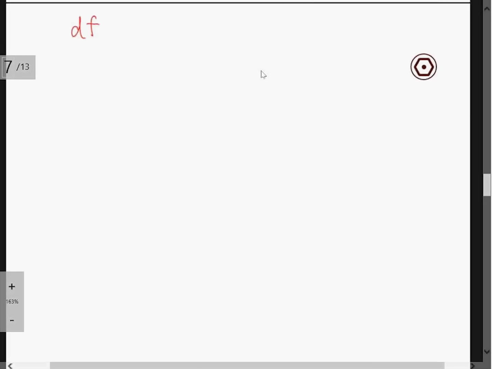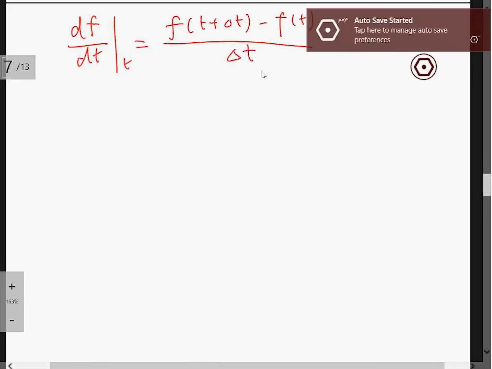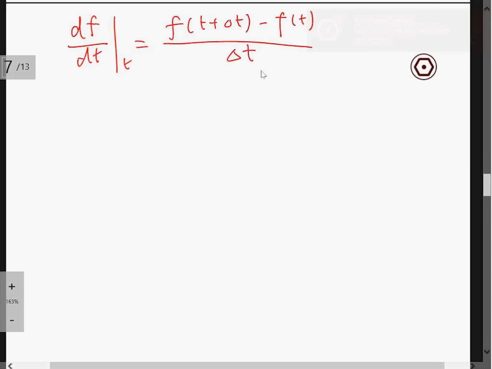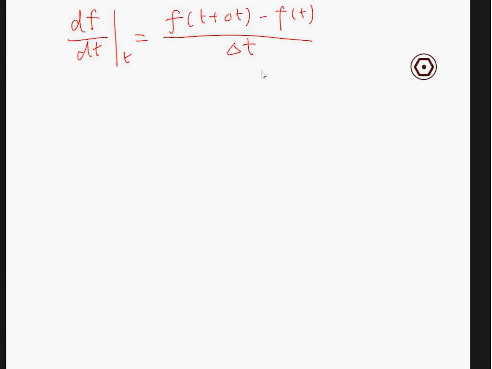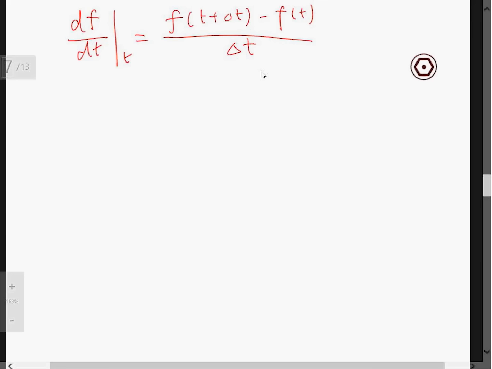Remember, we are approximating the derivative df dt at time t as f of t plus delta t minus f of t, over delta t. And that's not an idea I proposed. It was proposed by Ariel. So if we stick to this scheme, we can actually start to integrate ODEs.